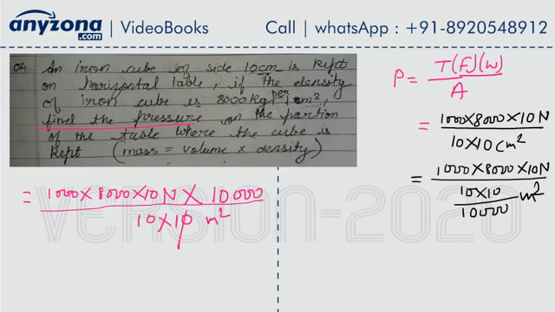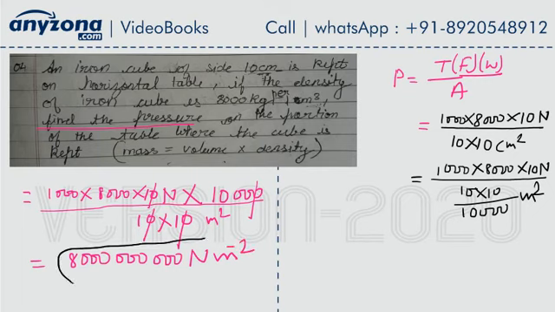Cancel 10 from 10 and this one by this one, then the final answer is 8000, also write 30 and then also write 30, Newton per meter square. This is a very giant answer. Okay, I have doubt on the answer, but yeah, this is the answer.